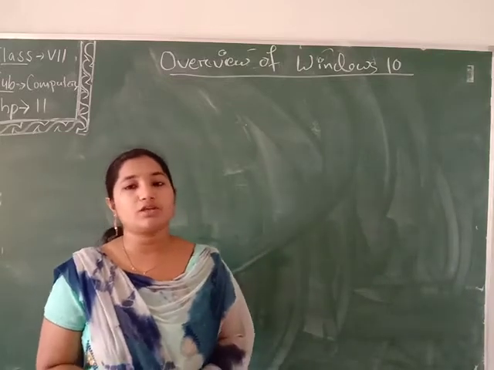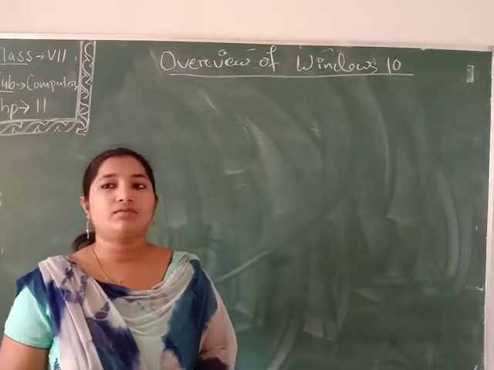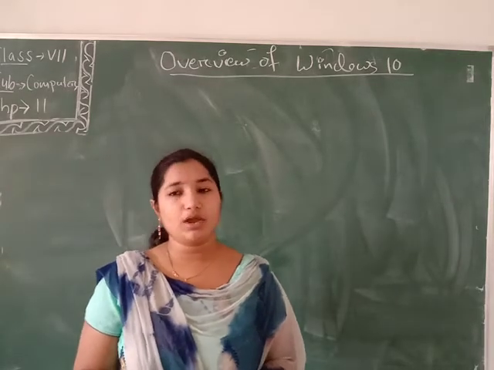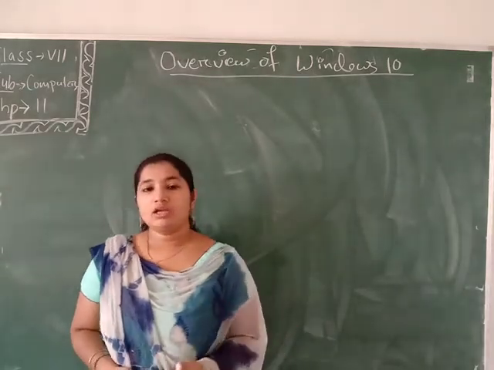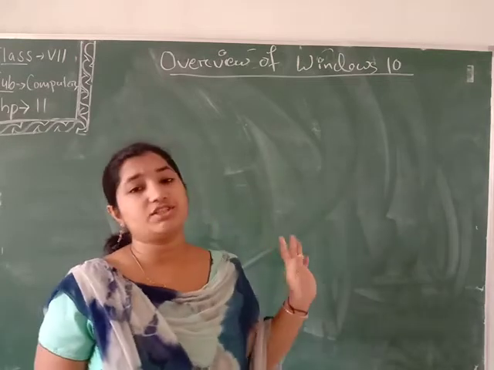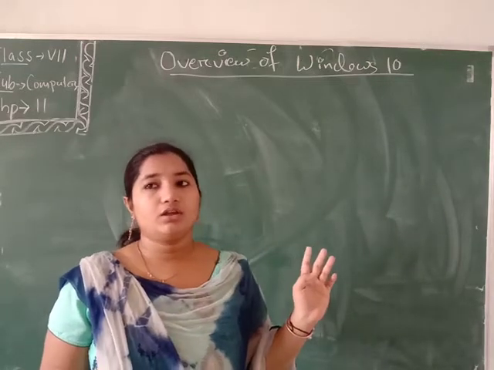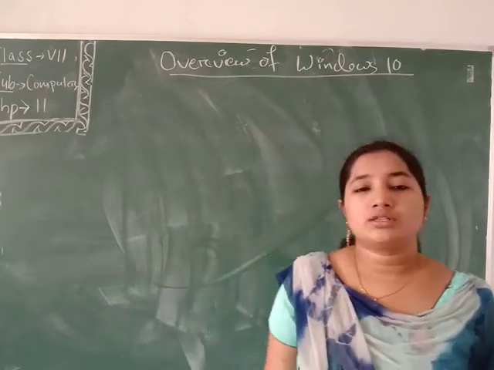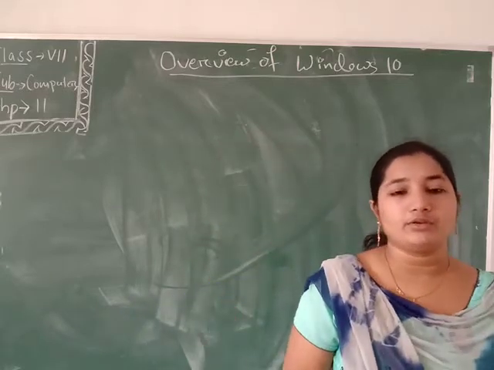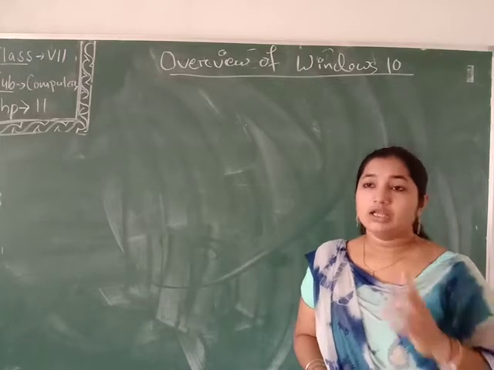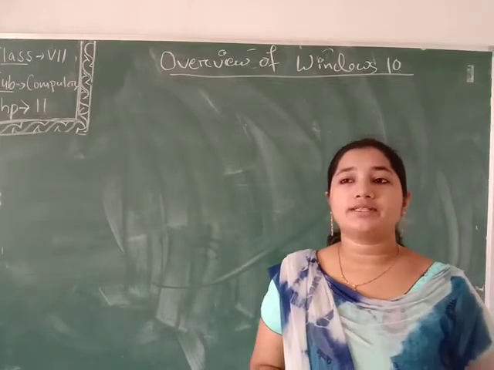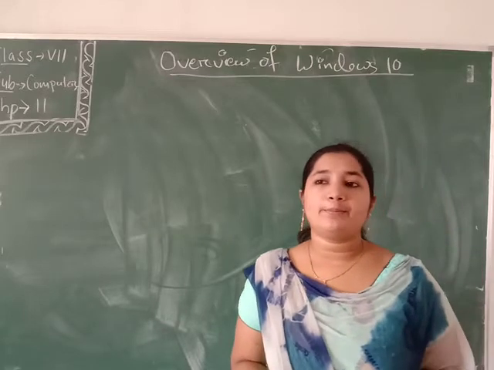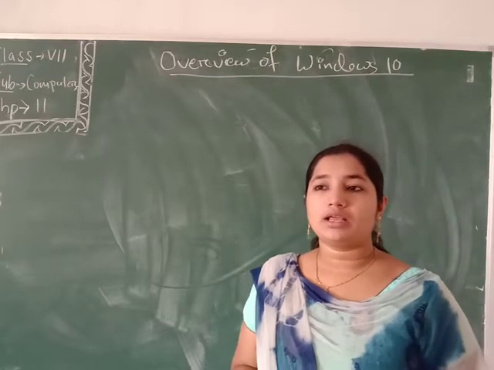For that, first we have to open settings from the start menu. Students, have you already used Windows 10 or not? If you have used Windows 10, then it is easy for you to understand. First open settings from the start menu, then click on personalization and click on start.